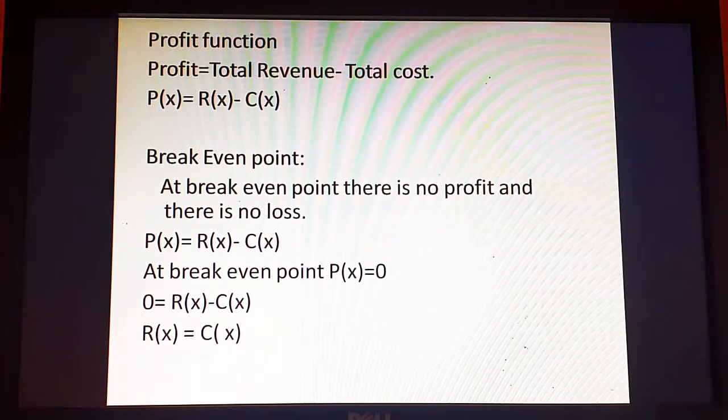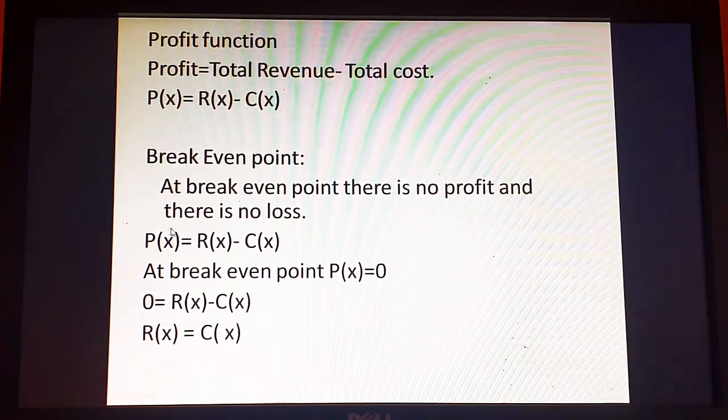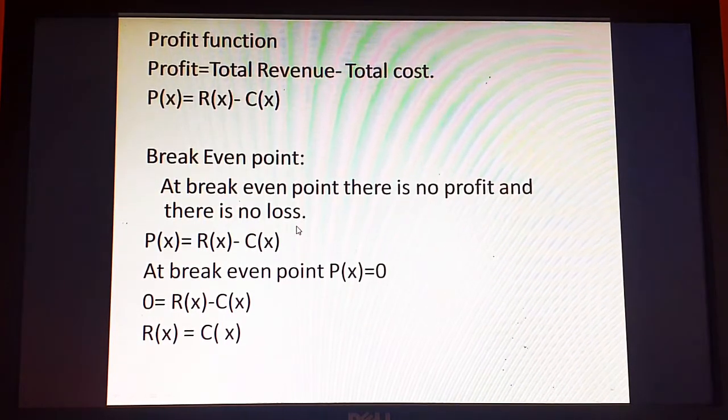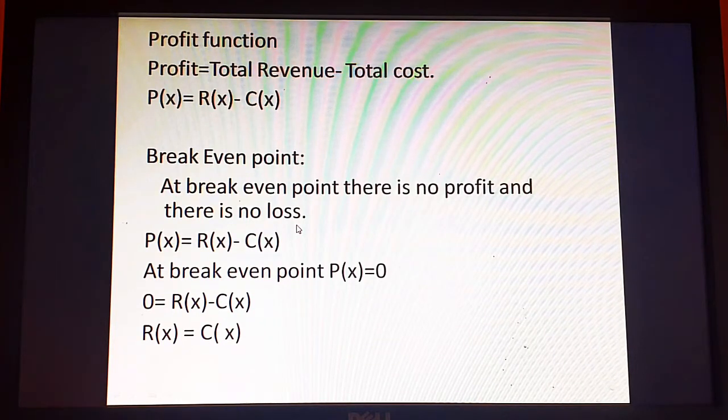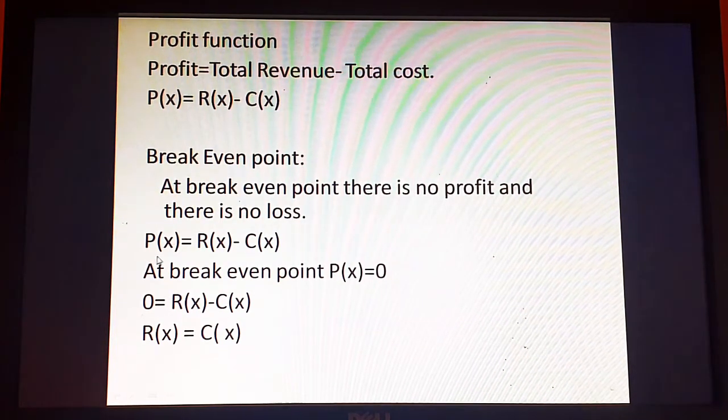Okay, students. Then a very important topic, break-even point. At break-even point, there is no profit and there is no loss. So break-even point means the company will not have any profit or any loss. So we know the profit function formula, right?